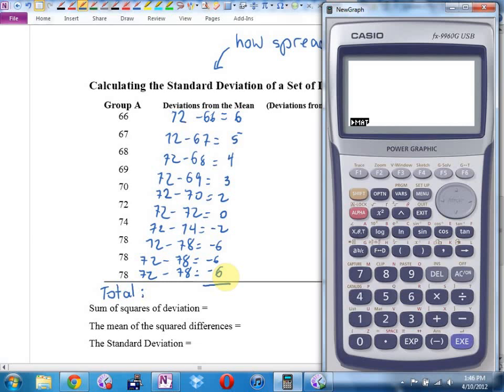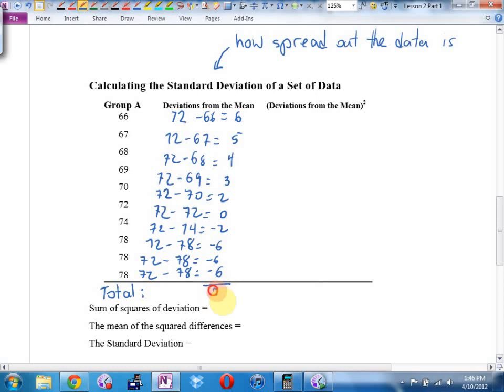What do you get? Strangely, 0. Why? Because these positives get canceled out by these negatives. This is what the first person thought: I get 0 every time because my minuses are canceling out my pluses.